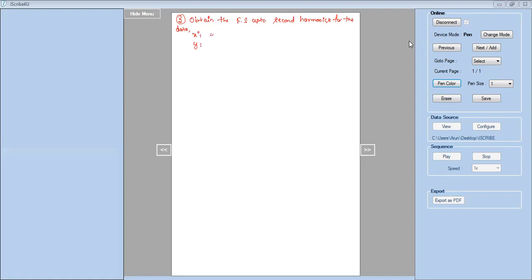So x values are 45, 90, 135, 180, 225, 270, 315, and 360. And the corresponding y values are 4, 3.8, 2.4, 2, minus 1.50, 2.8, 3.4. So this is the data given. We have to find a Fourier series up to second harmonics for this.